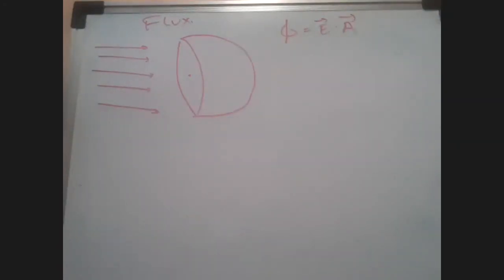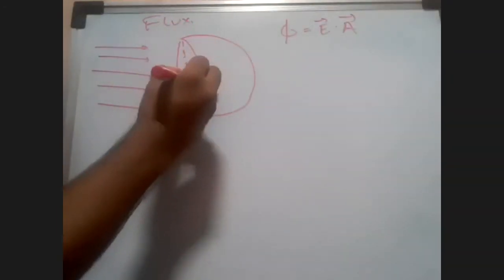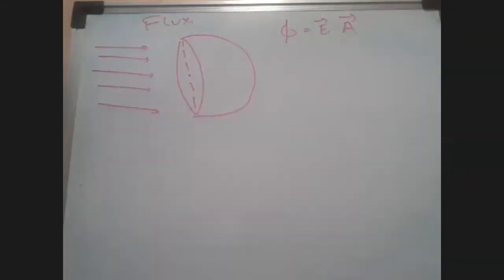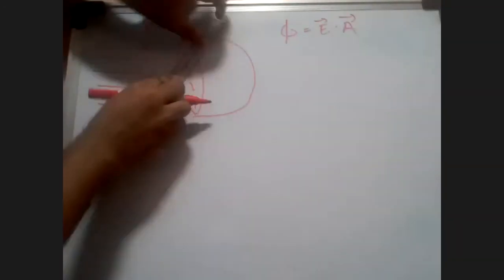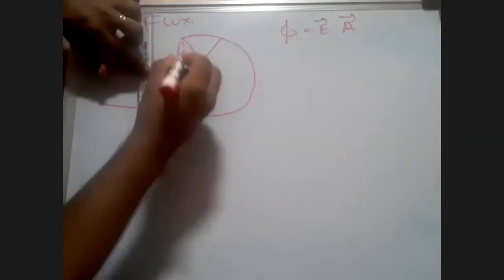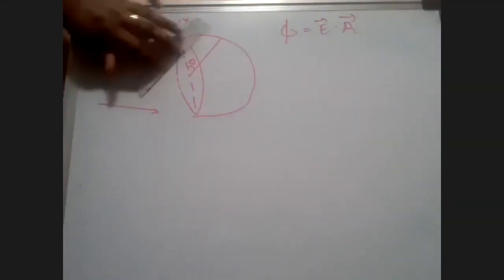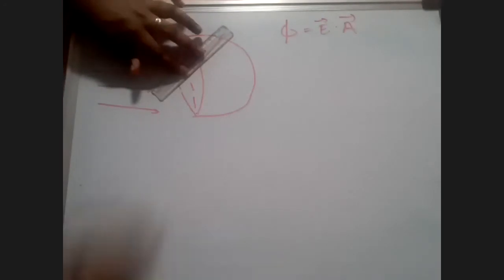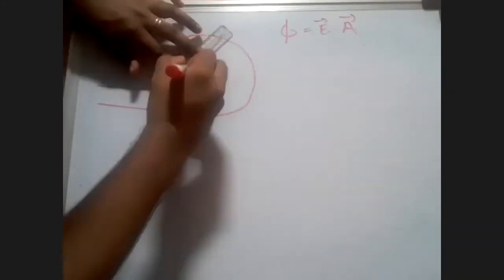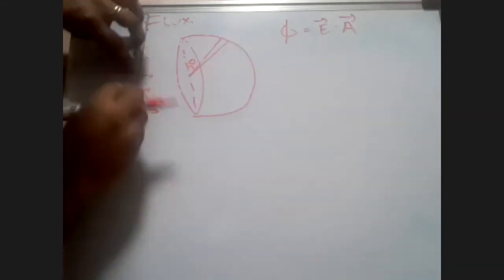Let me take an angle. Suppose this is the diameter, and from this diameter I'm taking an angle, suppose theta. This diameter is making an angle theta. And there is a small amount of area which I'm taking, which is basically d theta.